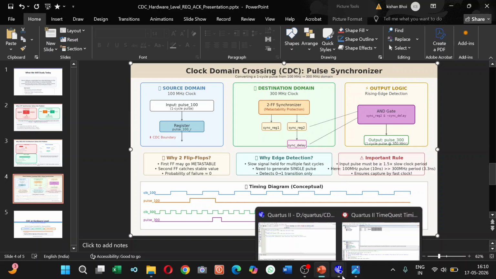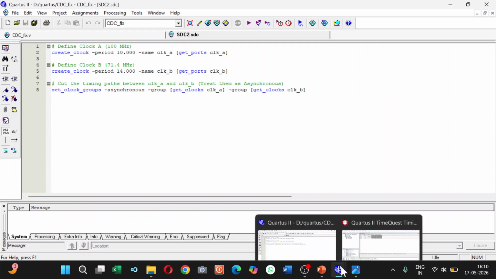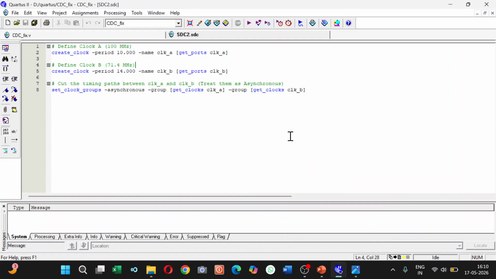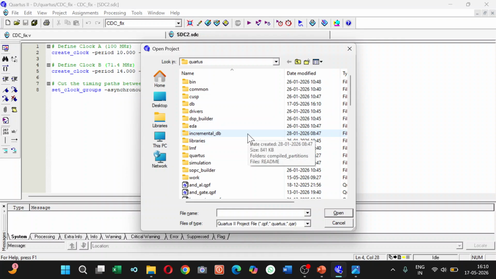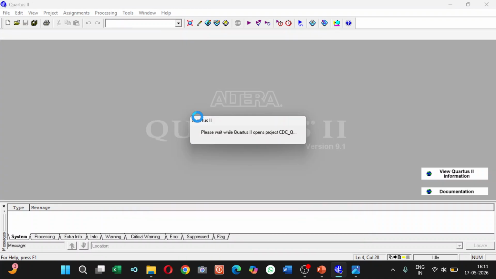Now I show you the code. First of all, I will close this TimeQuest. Here is our project.